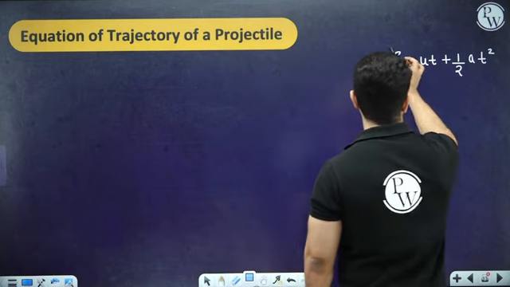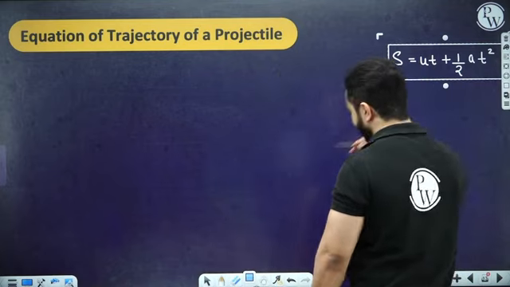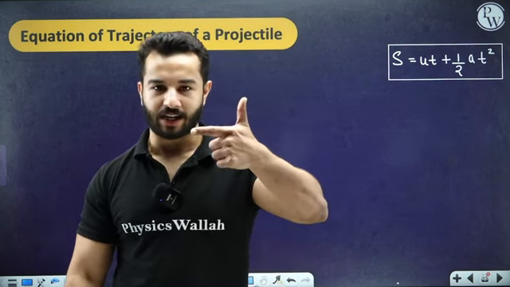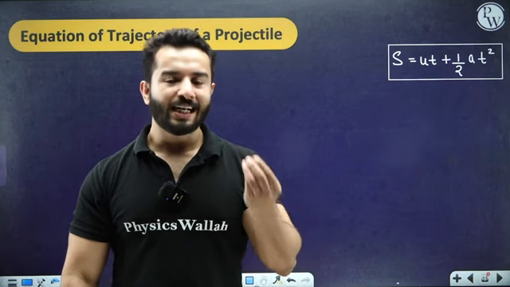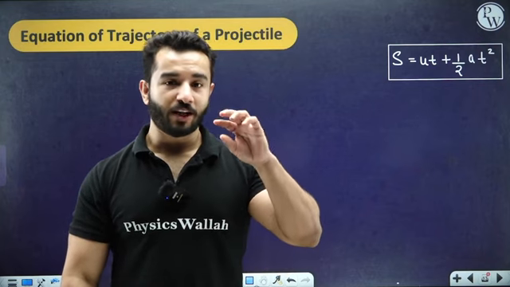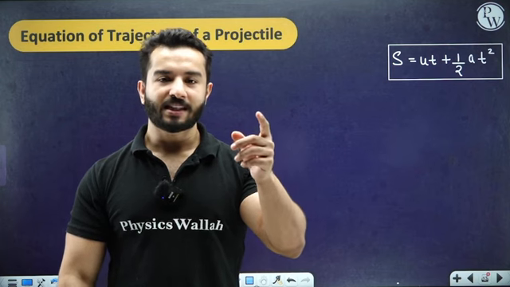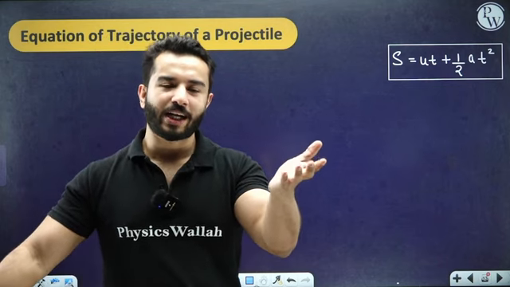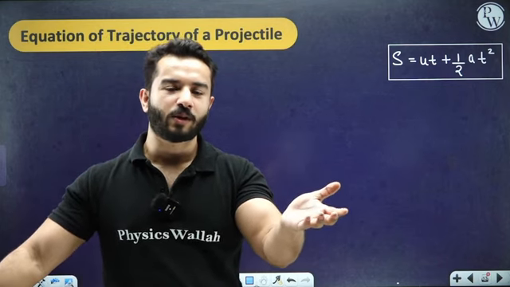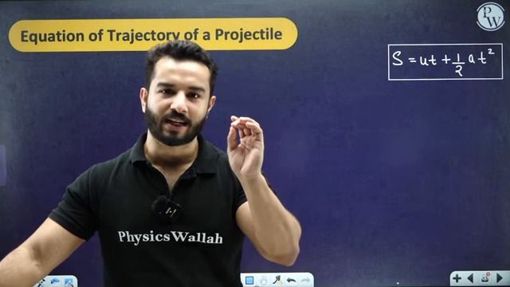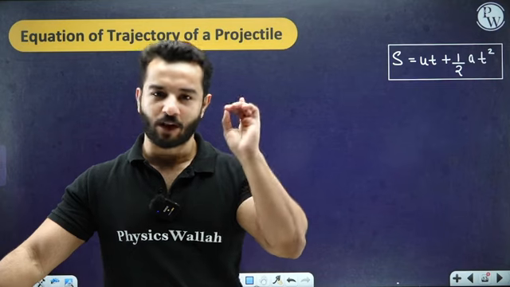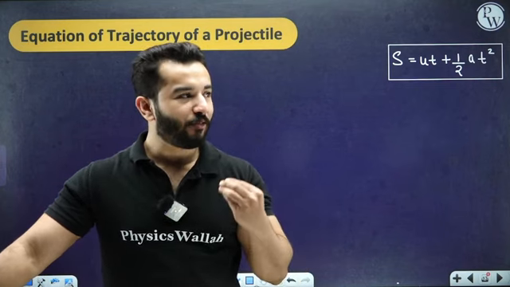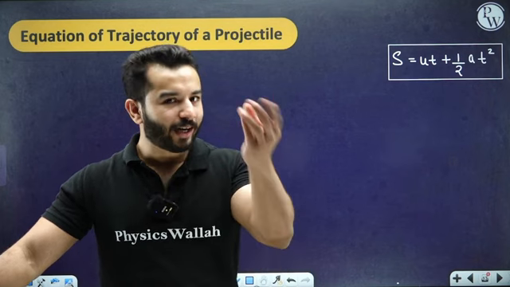So when I am writing it, I can write it in the x direction, I can write it in the y direction. What I really want now is a relation between x and y. Till now, if I give you time t, you were able to find the position of the particle. You can find x and you can find y. Just now we have done it. Now what I want is, if I give you x, can you find what y is?